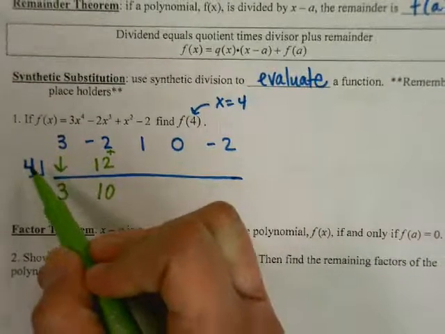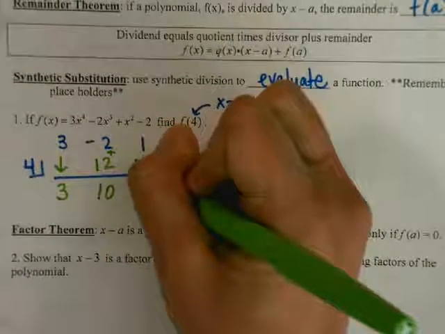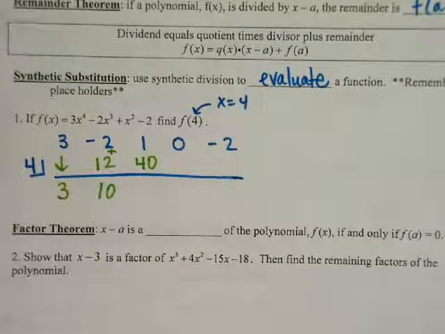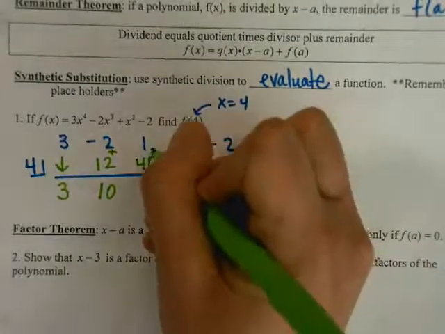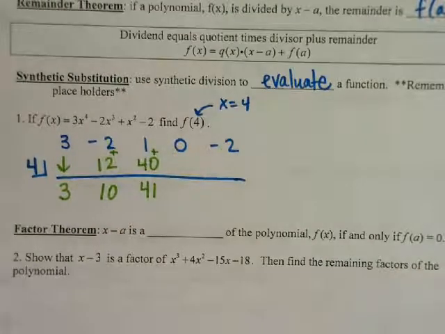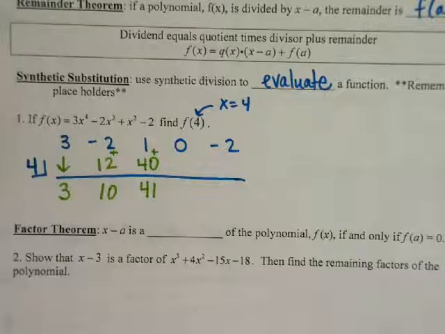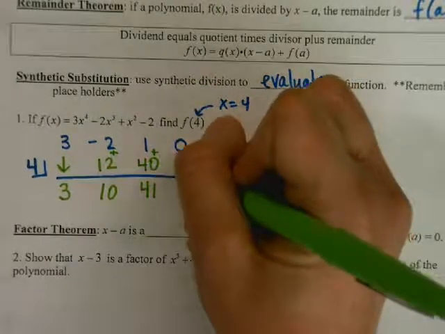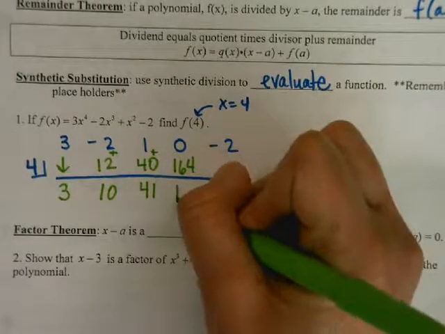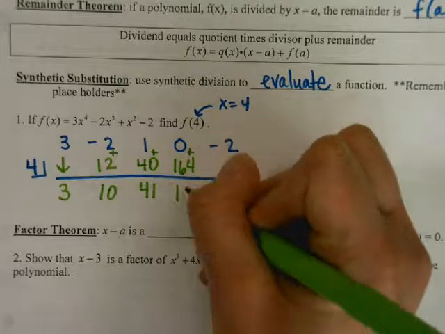Repeat the process. 4 times 10 is 40. Add. 41. Ooh, I can do this one. 164. 164 plus 0 is still 164.